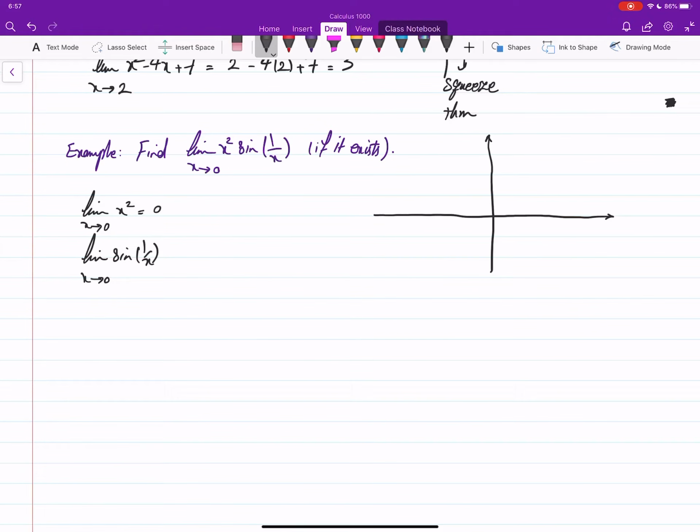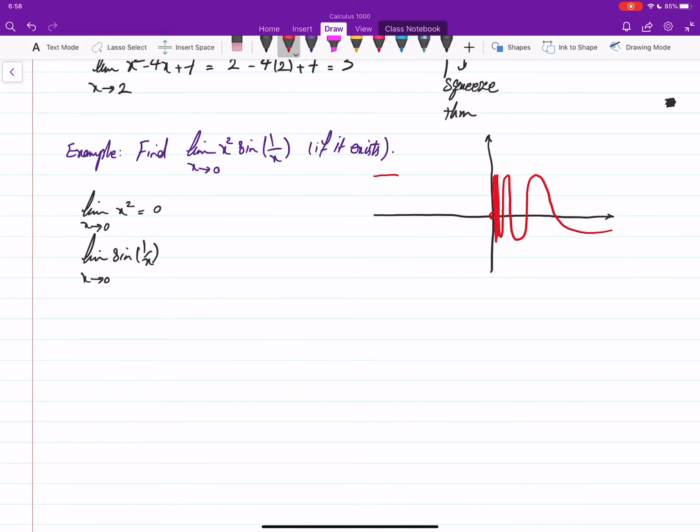Sine 1 over x, if you sketch it, you'll notice that it gets closer to 0, and the closer it gets, the crazier the function becomes. It just goes up and down, up and down. At 0, it's not defined, but it oscillates as we get closer to 0.